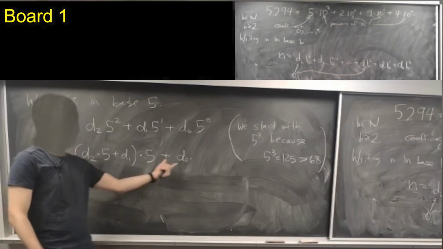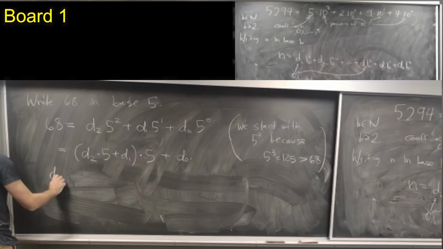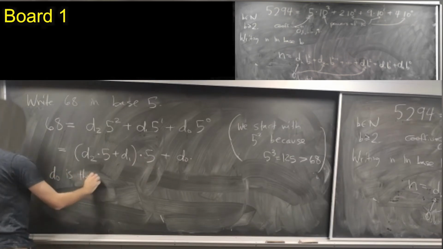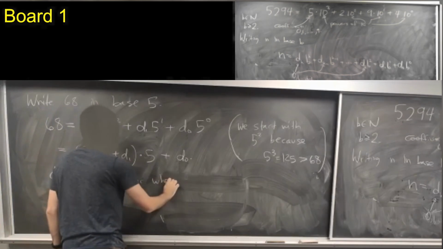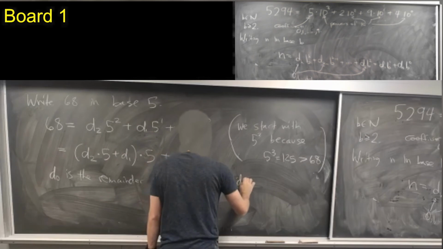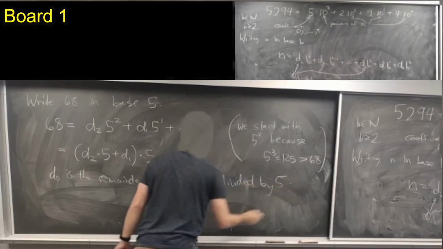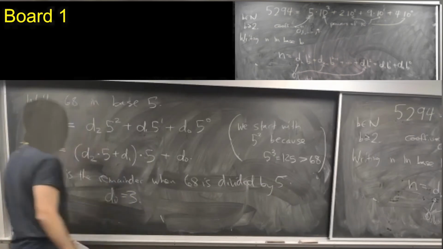So this looks like the remainder when I divide by 5. So d0 is the remainder when 68 is divided by 5. Therefore d0 is 3, right?